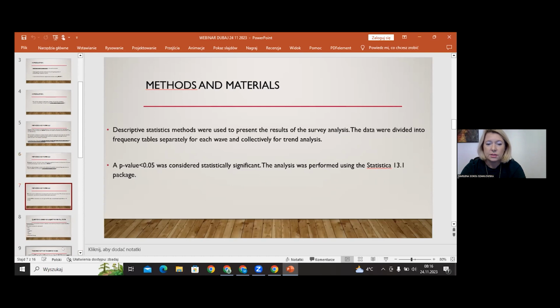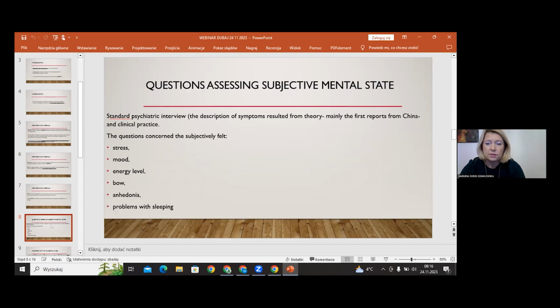We used a statistics package we have in our institute, and questions assessing subjective mental state were similar to a standard psychiatric interview and clinical practice during stress moments in a human's life. The questions concerned things like subjective stress level, mood, energy level, anhedonia, and problems with sleeping.